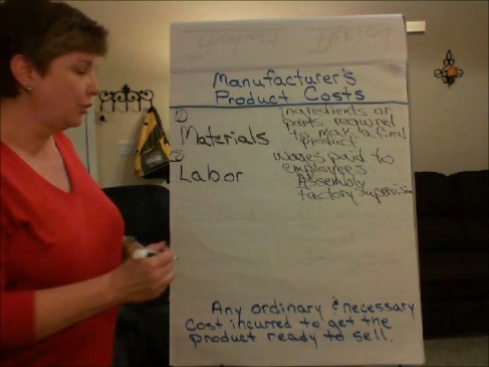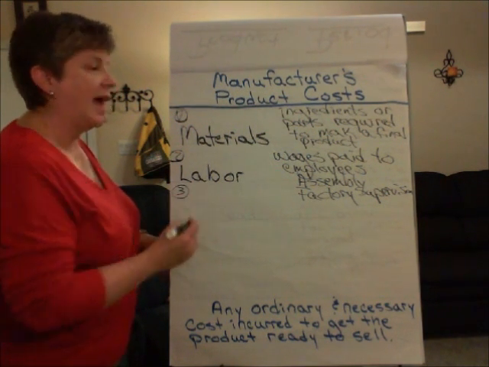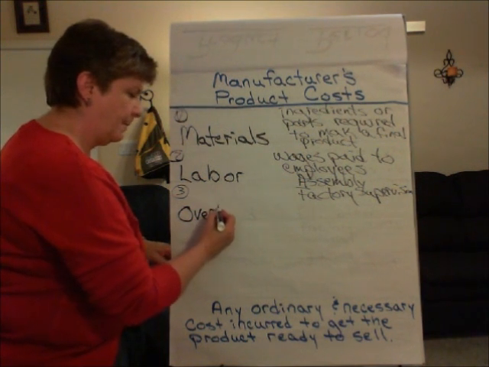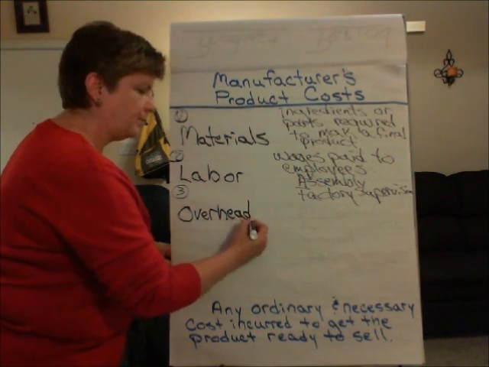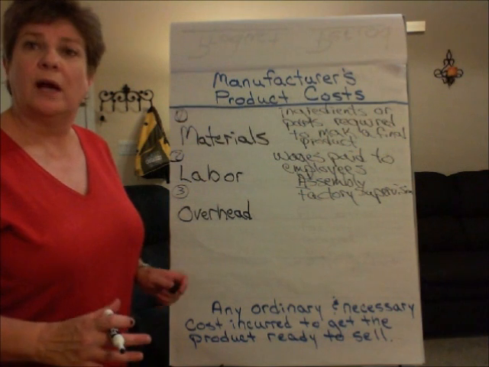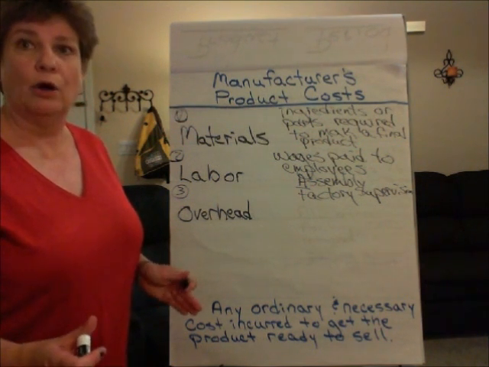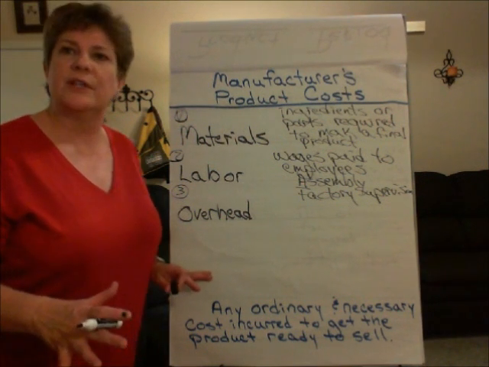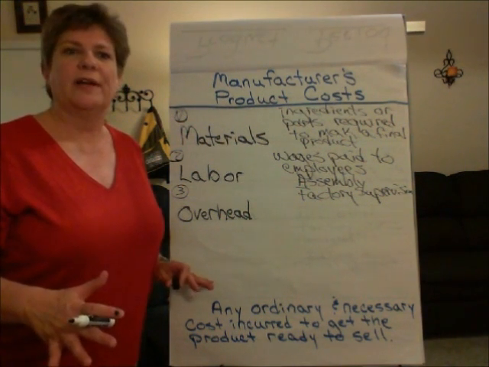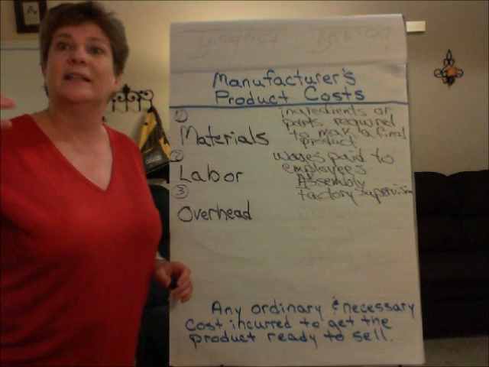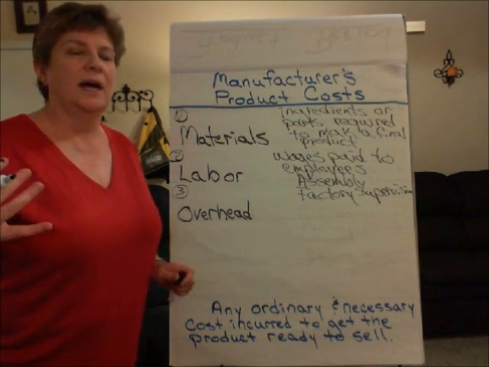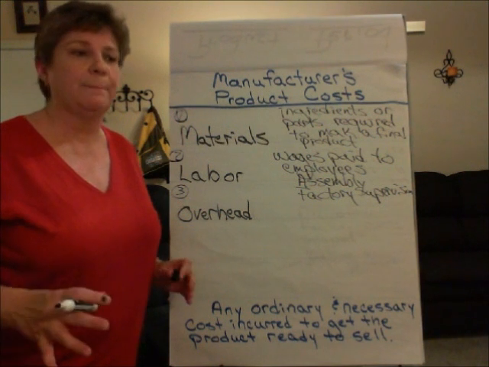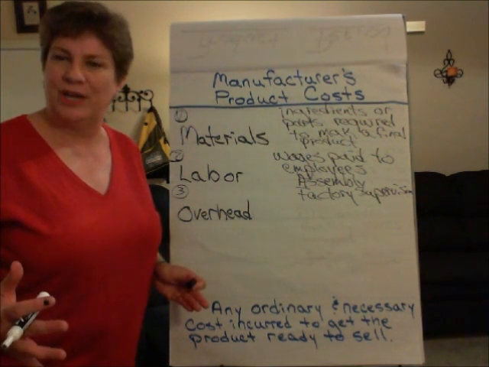And then the third category of manufacturer product cost is called overhead. And specifically, we call it manufacturing overhead rather than just general overhead. Now, every business has overhead. Overhead are those general costs like the electricity, the gas to power and operate the machinery, rent, depreciation.